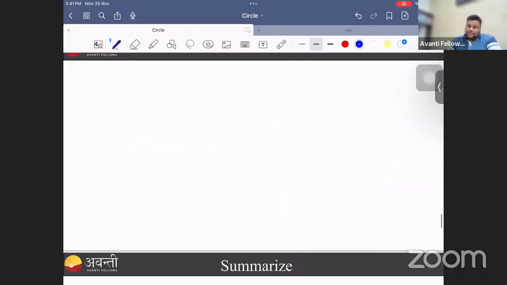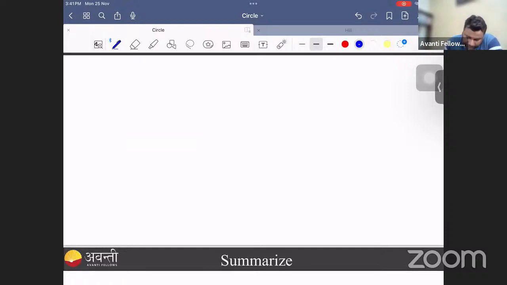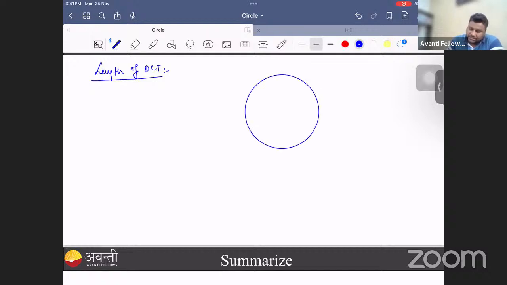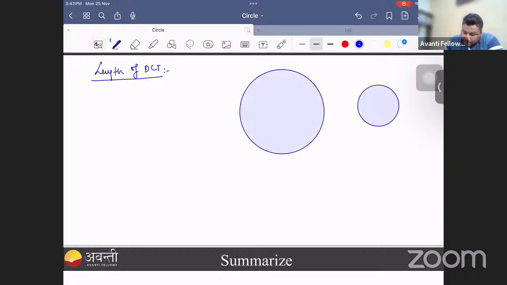Now, length of DCT. One circle is this, other circle is this. This is C1, this is C2. Now see, this is a direct common tangent.